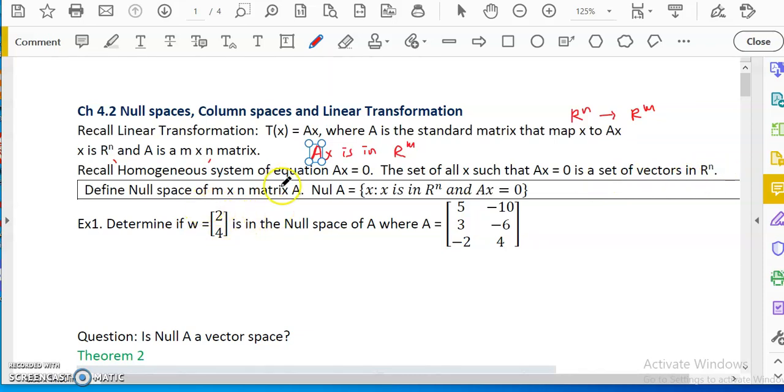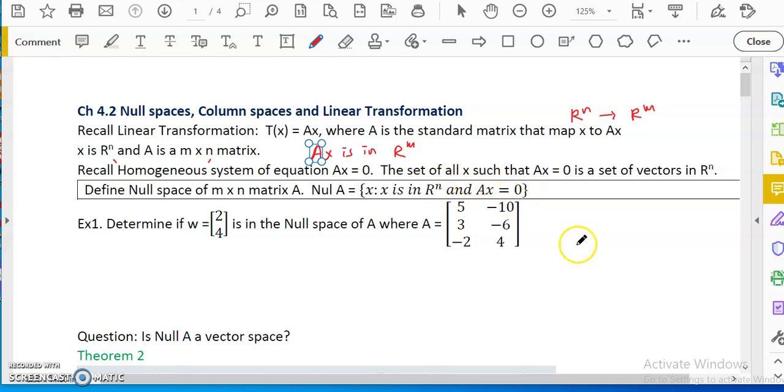This set of vectors, that when you plug into the linear transformation, the output is 0, is called the null space of A. Null A is defined as all the x in Rn such that A times x is 0.